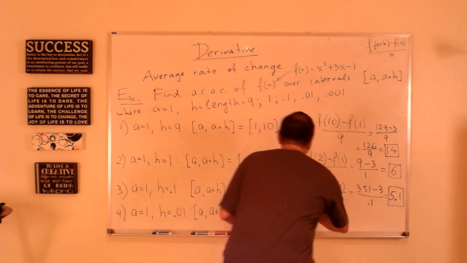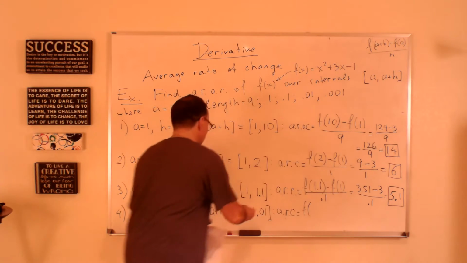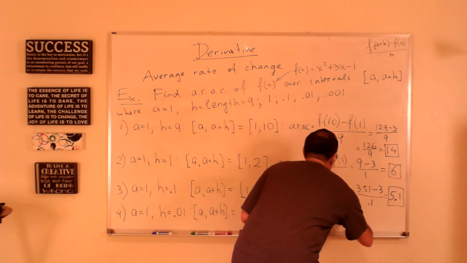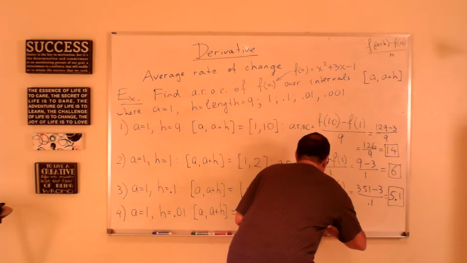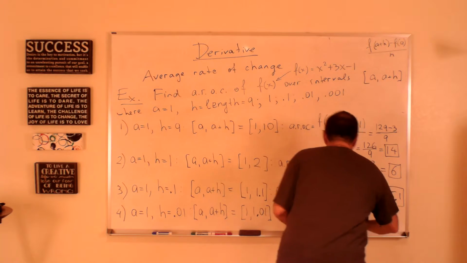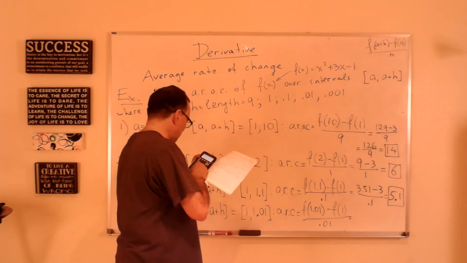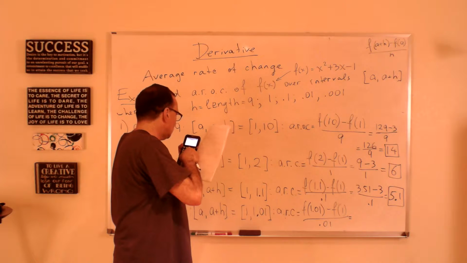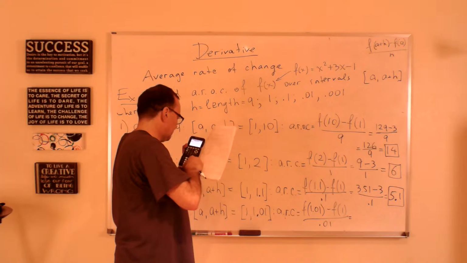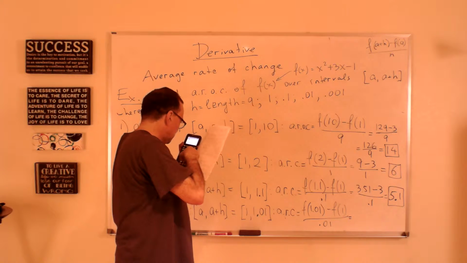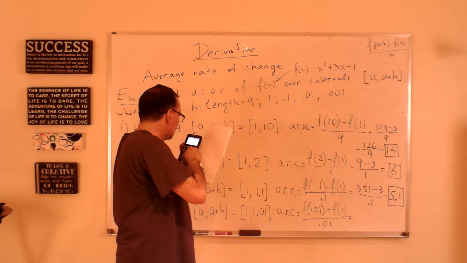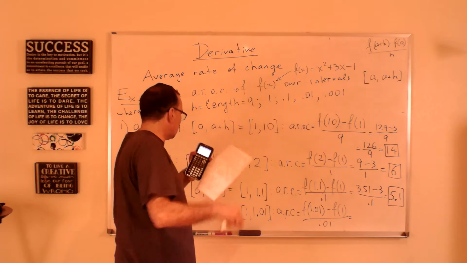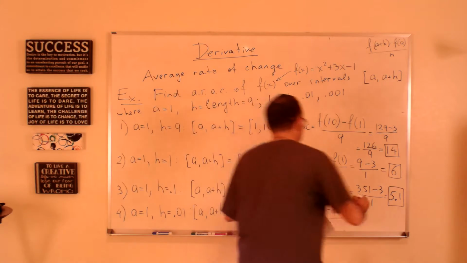Let's calculate the average rate of change for this tiny interval. It will now be f of a plus h, which is f of 1.01, minus f of 1 over 0.01. Again, I'm plugging in 1.01 into this function. And the answer is 3.0501.